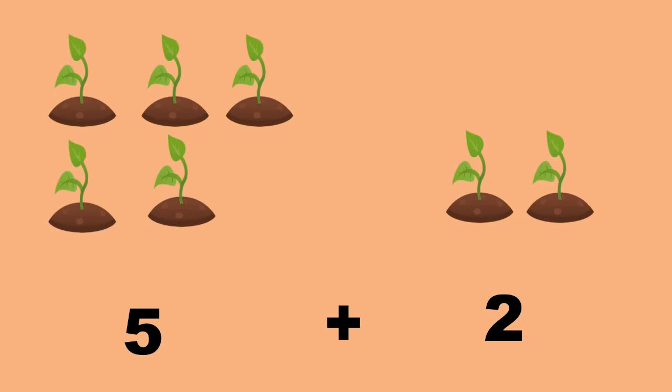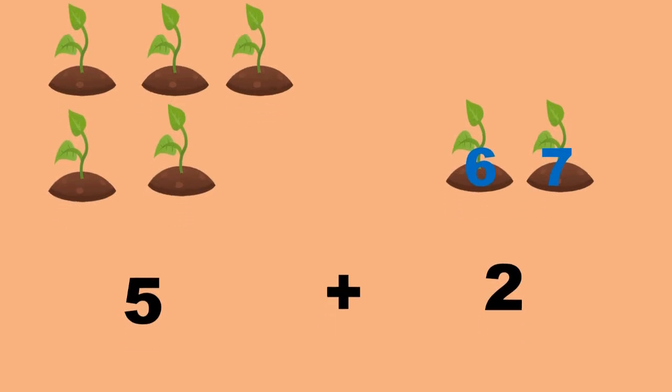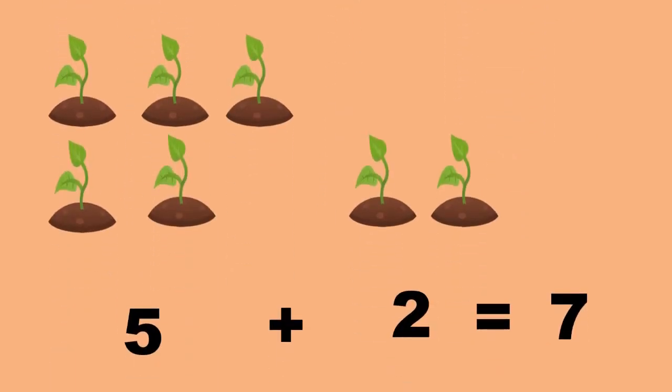The bigger number is 5, and we have to count up to 2. So we have to count the numbers after 5. So 6, 7. So how many seedlings does Salma have in her garden? Yes, 7. So 5 plus 2 is equal to 7.